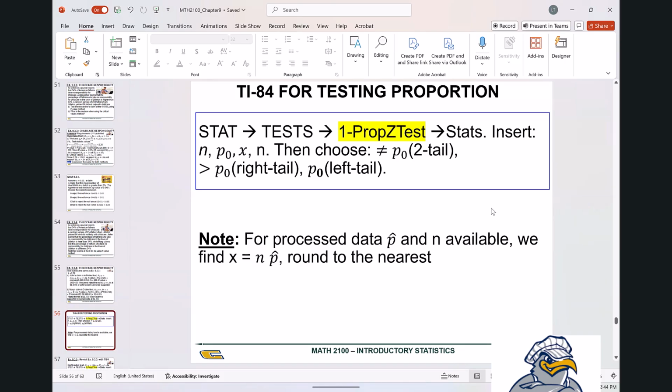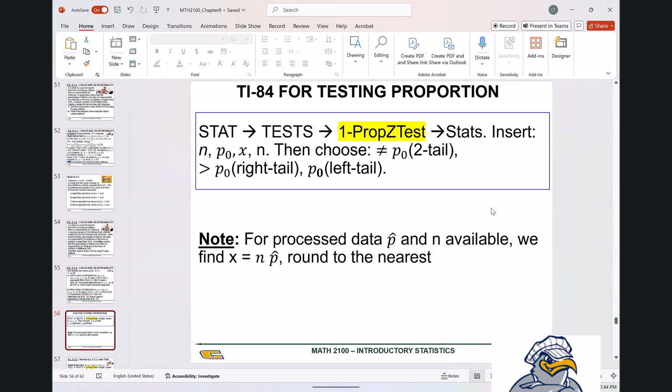You need to insert n, the sample size, and p naught, the proportion under the null. The x is the number of successes, which is the event you care about. Here, a success means you find a father did not take responsibility of child care.